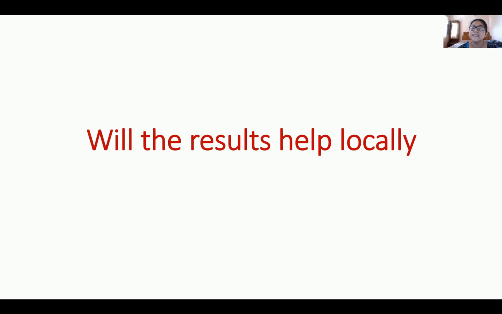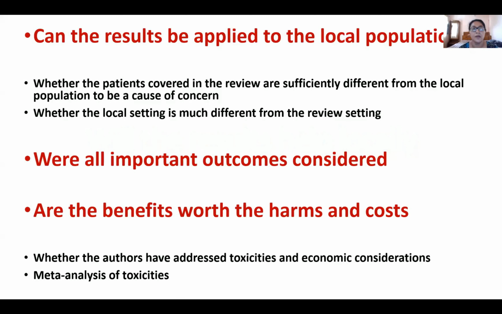So will the results help locally? The next heading that we are concerned with is, will the results help locally? Okay, a systematic review has been performed. It has shown certain results, but are those results relevant in our population? So can the results be applied to the local population? Whether the patients covered in the review are sufficiently different from our population of concern, and whether the local setting is much different from the review setting.